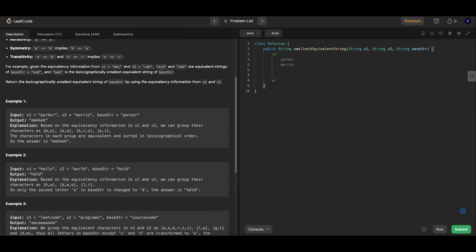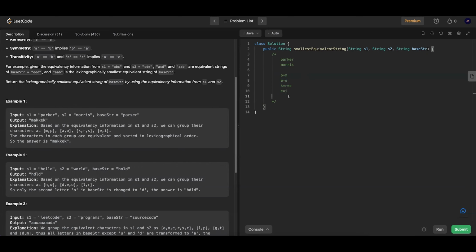Now from the equivalency information, we know P equal to M and A equal to O and R equal to R and K equal to R, E equal to I and R equal to S. So P equal to M, A equal to O, R equal to R is by default. So let me remove this, and E equal to I and R equal to S. We can write this up here. So R equal to S. These three are equivalent, these two are equivalent, these two and these two are equivalent.